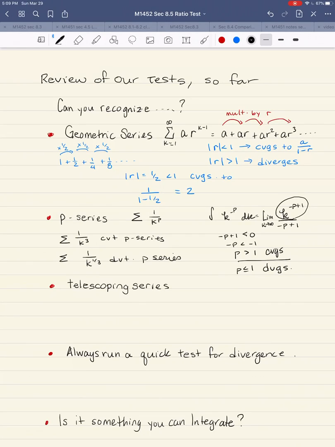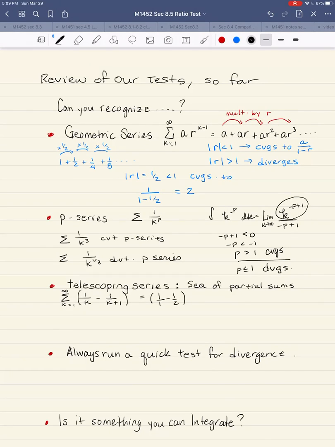Telescoping series are somewhat harder to recognize unless you write out the first few terms. And then we can decide whether a telescoping series converges or diverges by looking at the sequence of partial sums. So an example of one of those would be the sum from k equals 1 to infinity of 1 over k minus 1 over k plus 1.